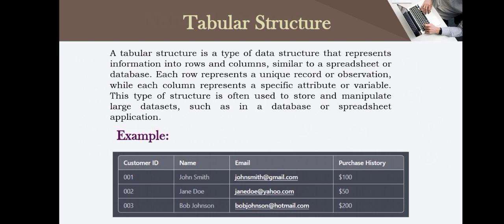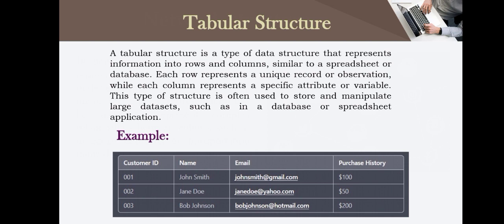spreadsheet application. For example, we consider a dataset of customer information for an online store. The tabular structure would have each row representing a unique customer, while each column would represent a specific attribute or variable, such as name, email address, and purchase history.